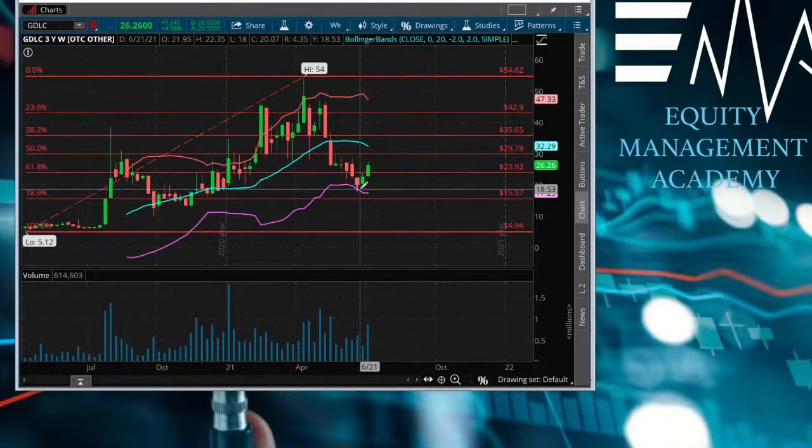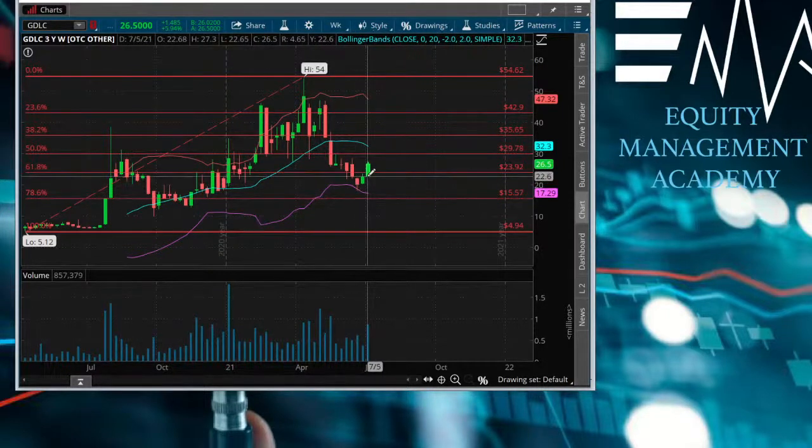This is exactly where the market should, based upon the Fibonacci retracement methodology, revert from these levels.